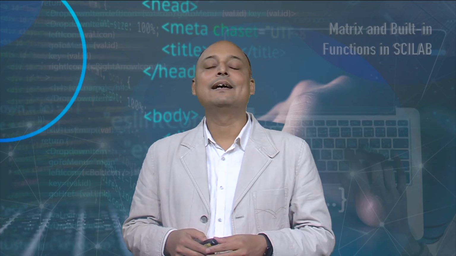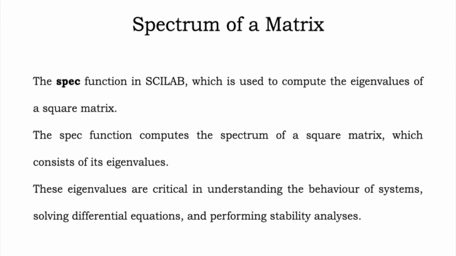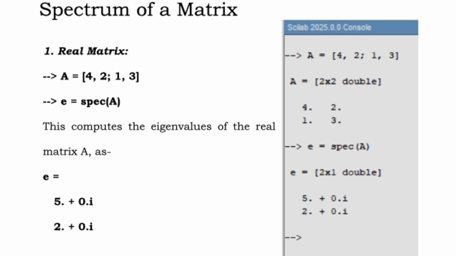By the end of this session, you will understand how to use the spec function, its syntax, arguments, behavior, and practical examples. The spec function computes the spectrum of a square matrix, which consists of its eigenvalues. These eigenvalues are critical in understanding the behavior of systems, solving differential equations, and performing stability analysis.